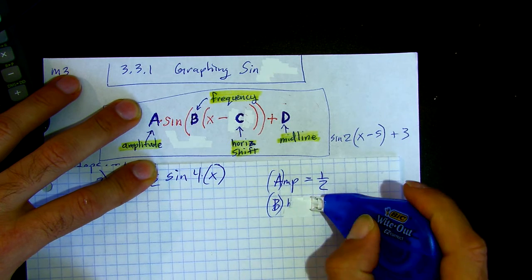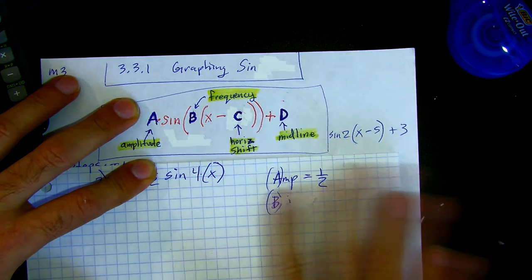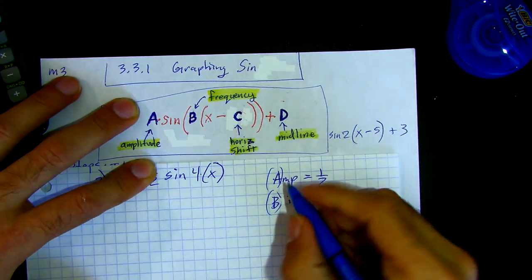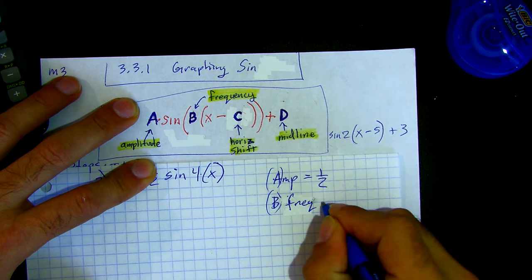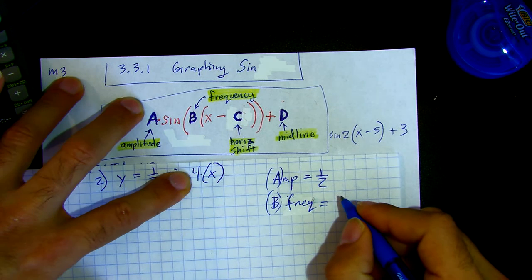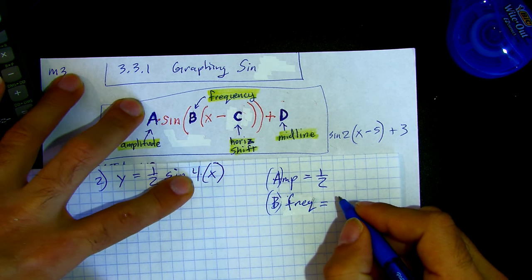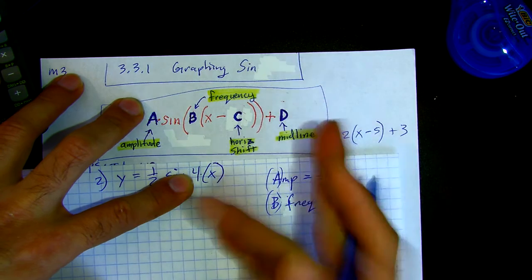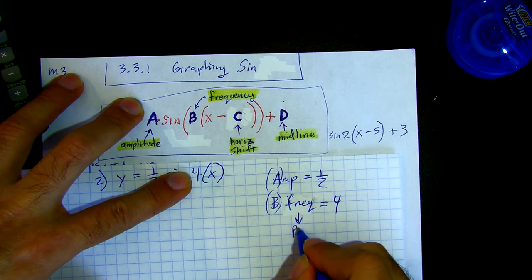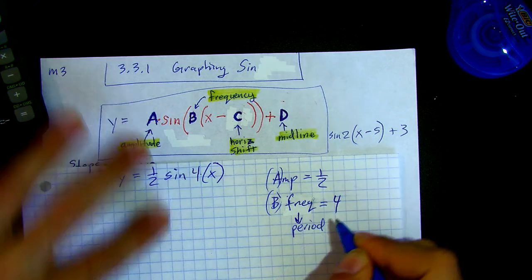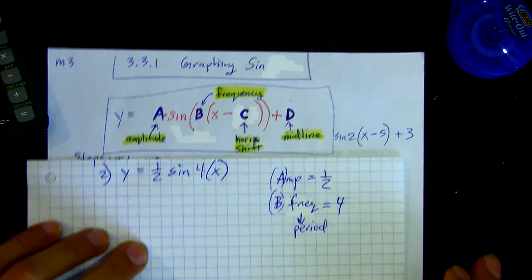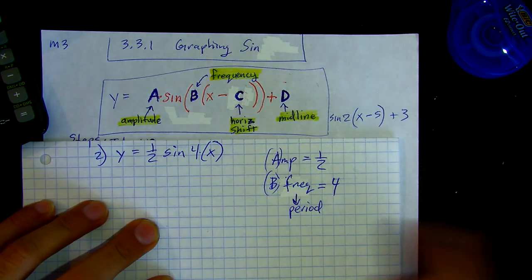Am I teaching? What's going on? B is our frequency. Just kidding. B is our frequency, and that's equal to 4. It's what's in front of the expression with x. So that's 4. We're going to leave room because we're going to find the period here. This is a good example because the period is a little bit more complicated with this. No worries.